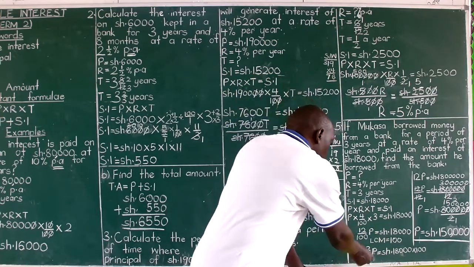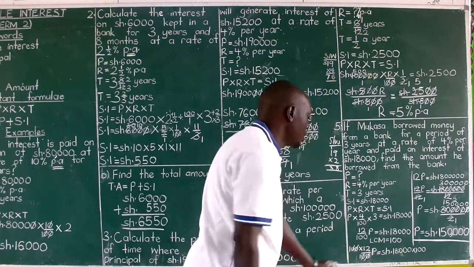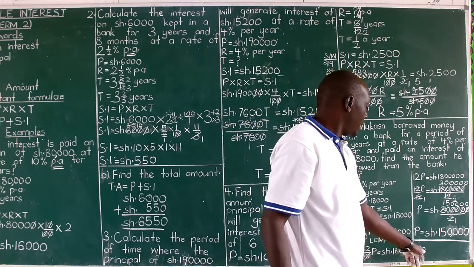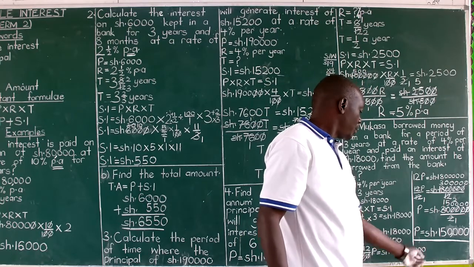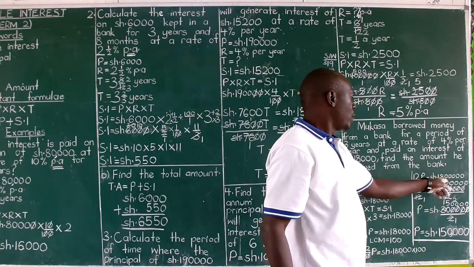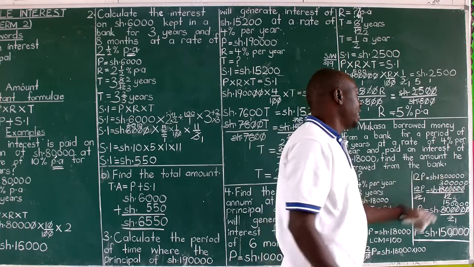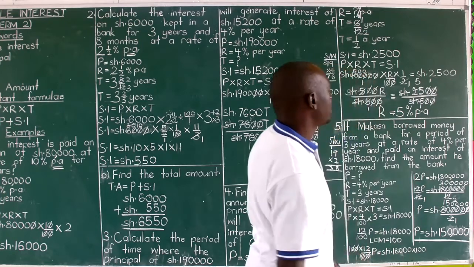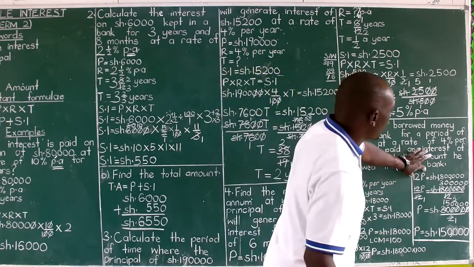Then you cancel 100 by 100 once. You make 12P this side. And then 18 times 1, you get 18 with 5 zeros, 1, 2, 3, 4, 5. So that will bring 1,800,000 shillings.